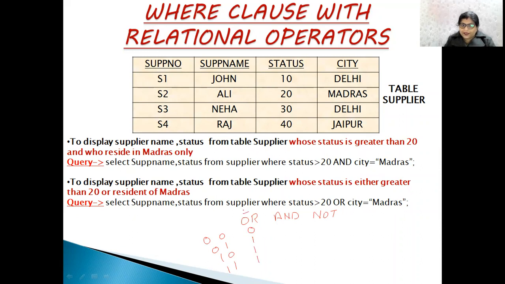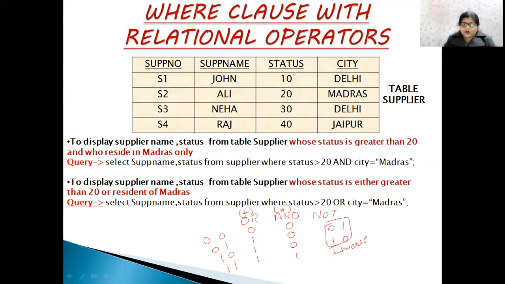We are doing it as a plus. In AND, we are doing it as a multiply. So 0 0 0, 0 1 0, 1 0 0, 1 1 1. And NOT, 0 gives 1 and 1 gives 0. This is the inverse. If we know this truth table, we can solve the sums very easily.